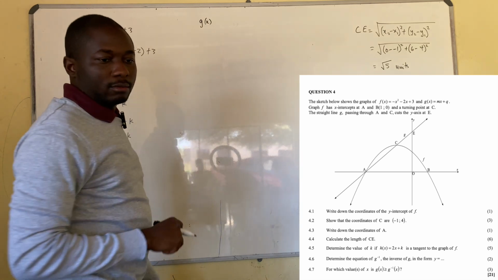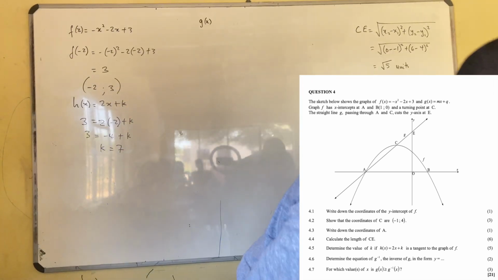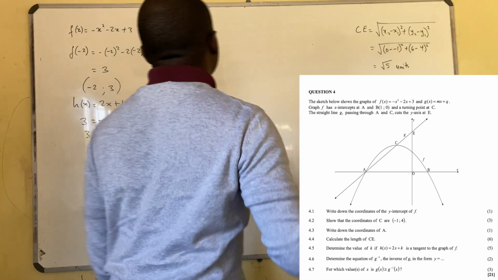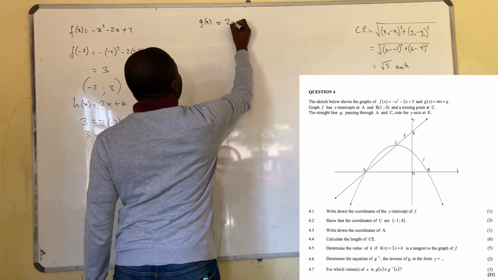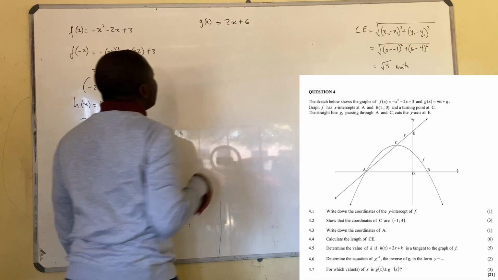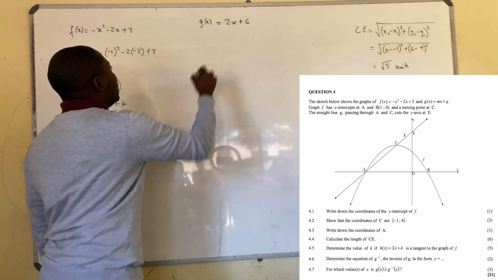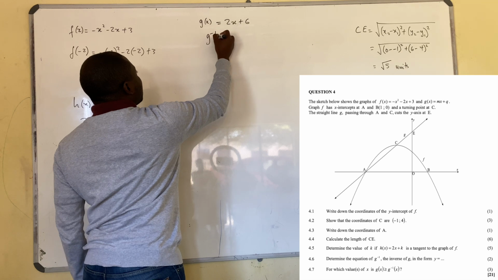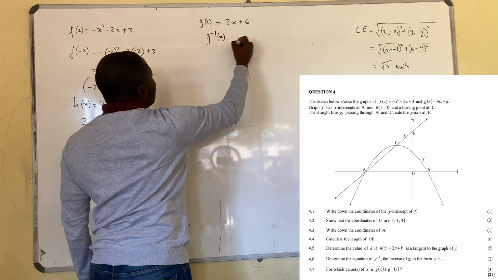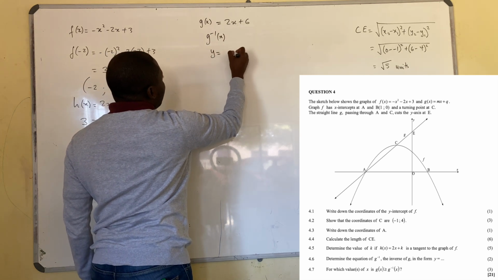We have the equation of g, don't we? Yes. What is it? 2x plus 6. So we want the inverse of g in the form y equal to blah, blah, blah.